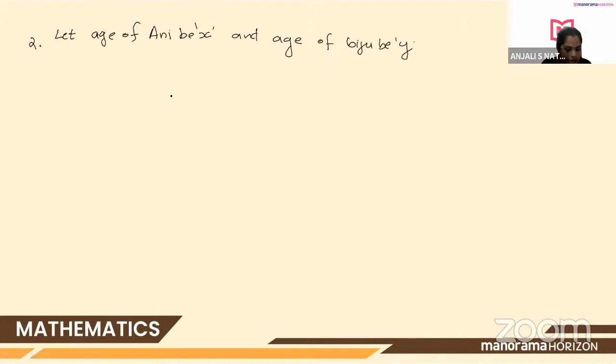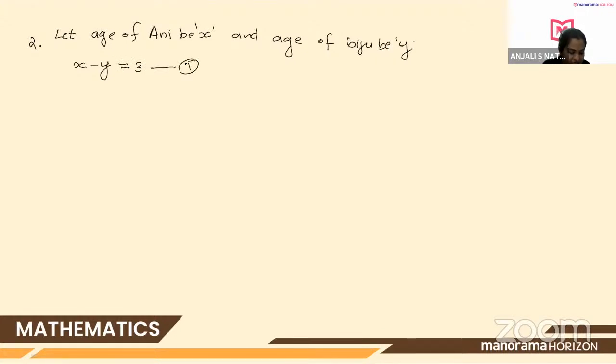Okay. And the first condition is Ani and Baiju differ by 3 years. The ages of Ani and Baiju differ by 3 years. That is X minus Y is equal to 3. So that is equation 1.